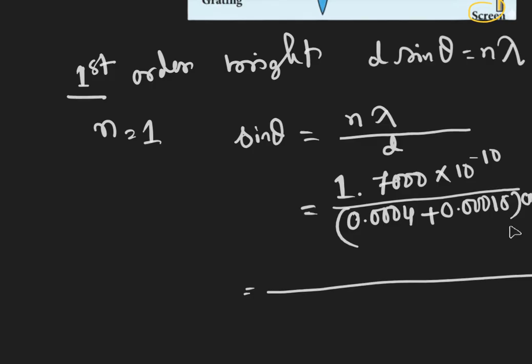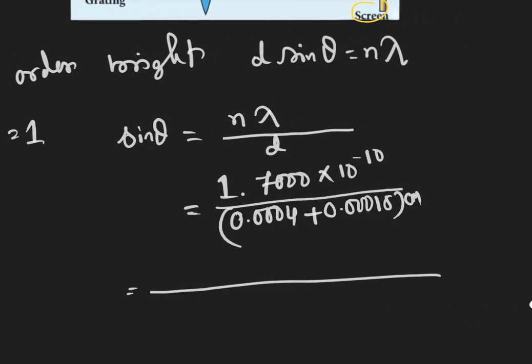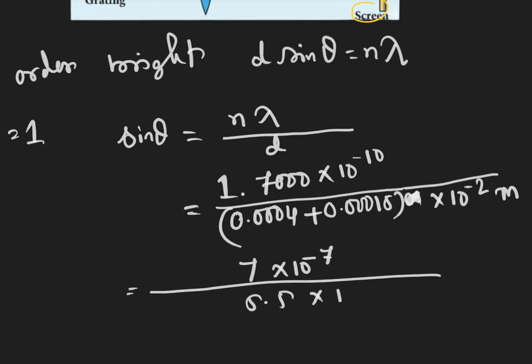If we convert centimeter to meter, we have to multiply by 10 to the power minus 2, so it becomes meter. Now we can write the simplification as 10 to the power minus 7 over 5.5 into 10 to the power minus 6.